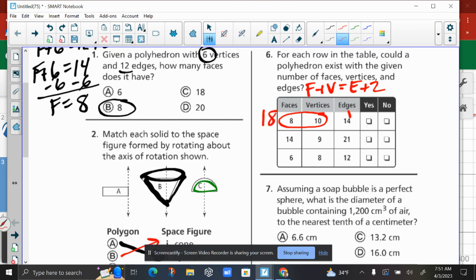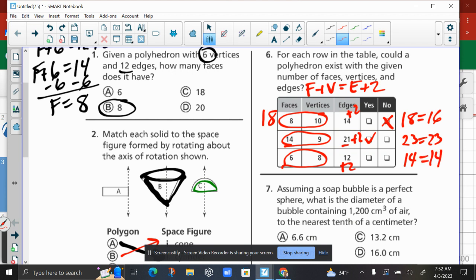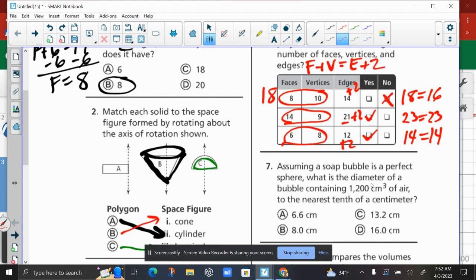If we add 2 to this column, that'd give me 16, so no. 18 does not equal 16. 14 and 9 gives us 23. 21 plus 2 is 23, so yes, that checks off our formula, Euler's formula. We get 14. 12 plus 2 is 14, so yes, Euler's formula does work. So it's no, yes, yes.